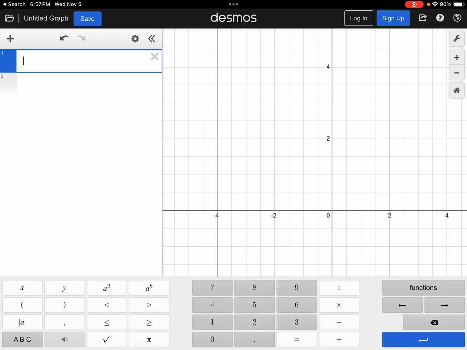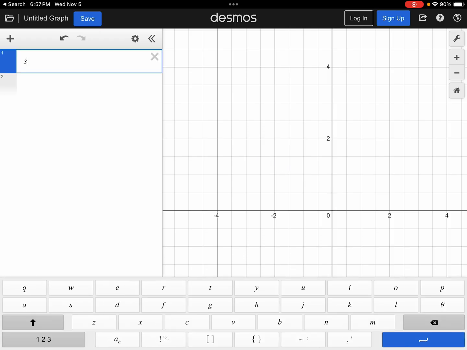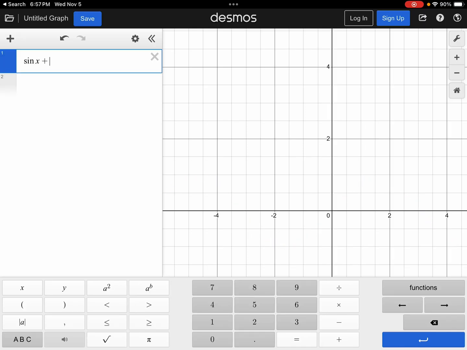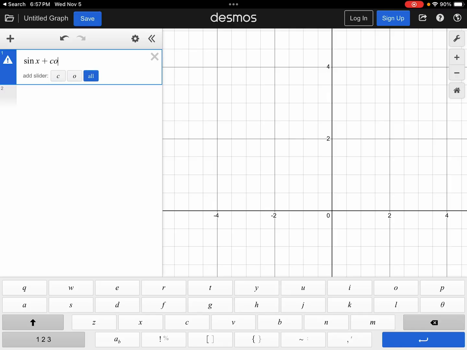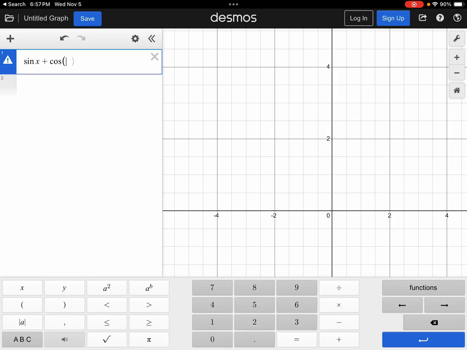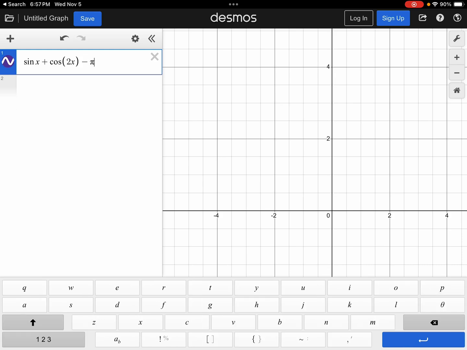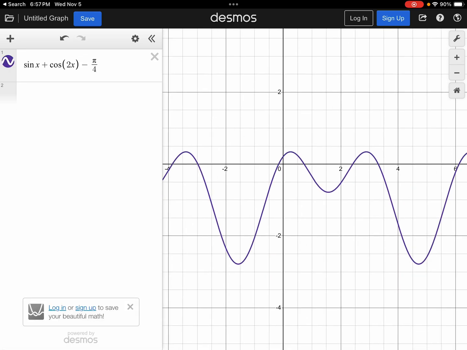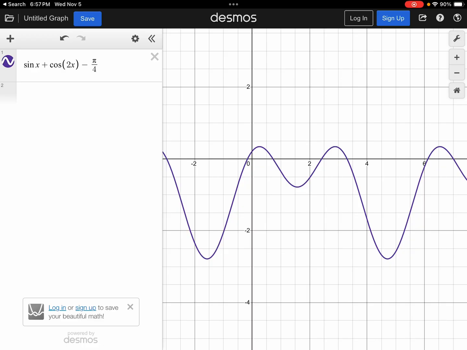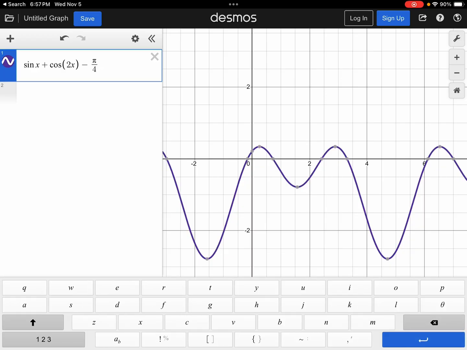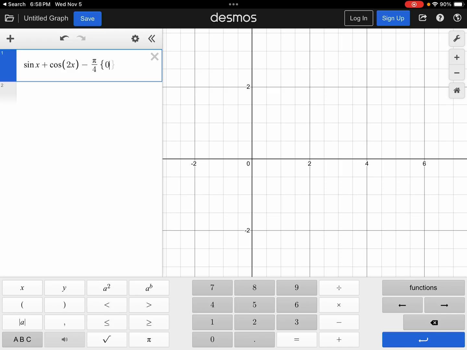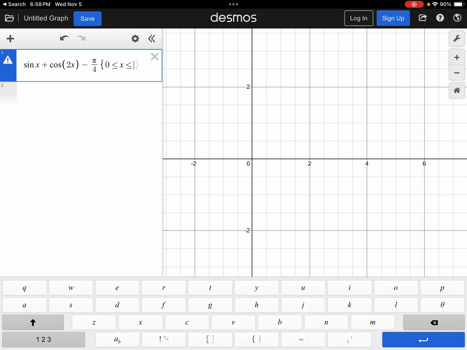We're going to graph sine of x plus cosine of x, cosine of 2x, and then minus pi over 4. Okay, here's our function. We're talking about between 0 and pi, so I'm going to add that in here.